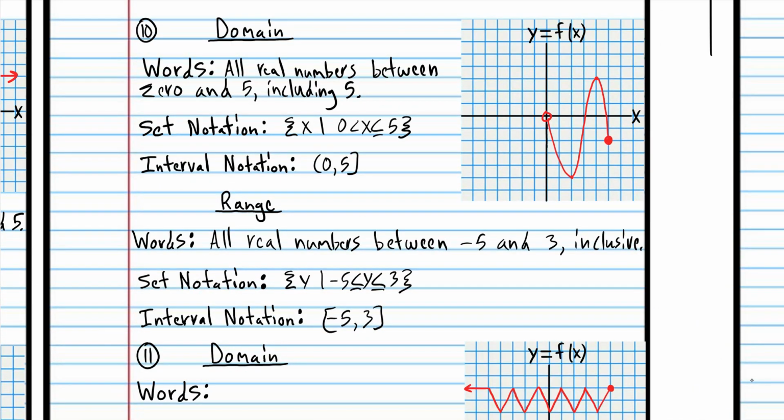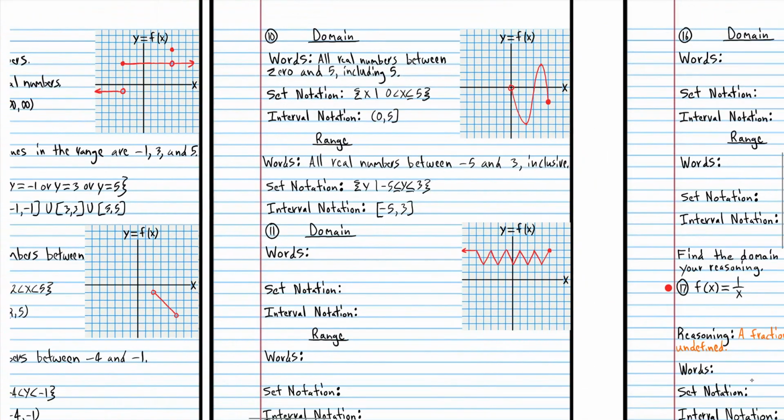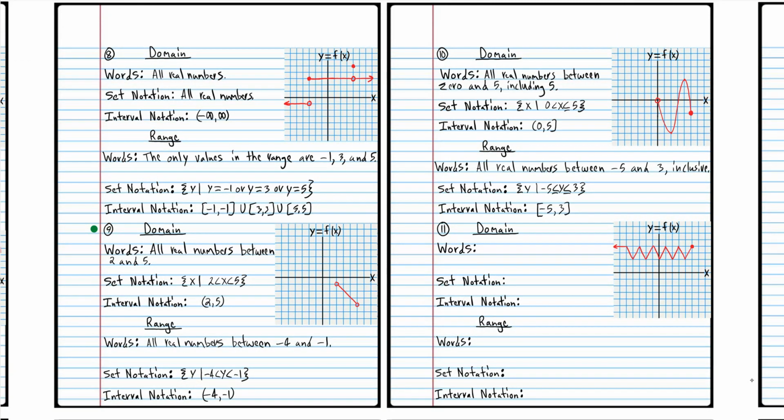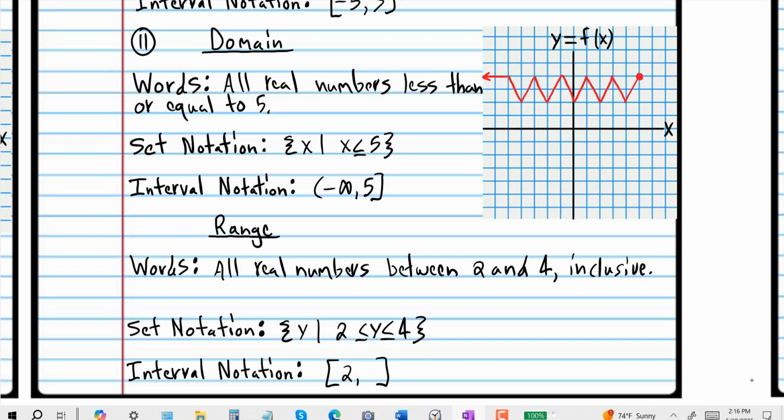So if you got that right, excellent. Okay, I want you to try number 11. And when you come back, we'll do it together. Okay, we're back. So if you got that right, excellent.